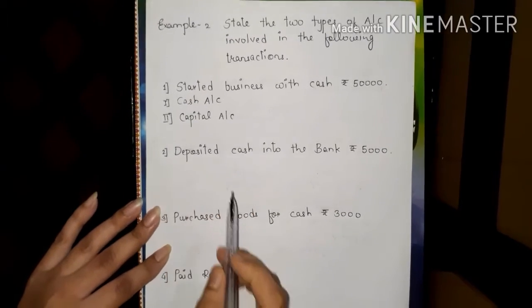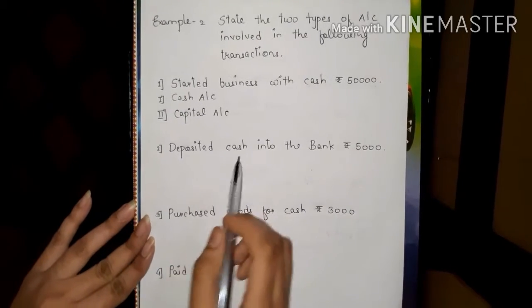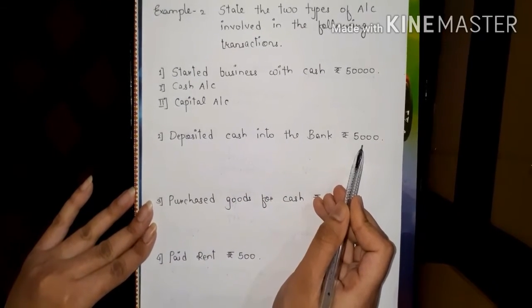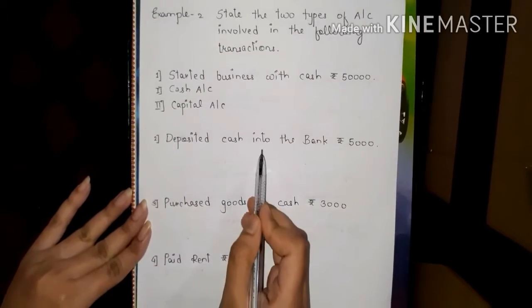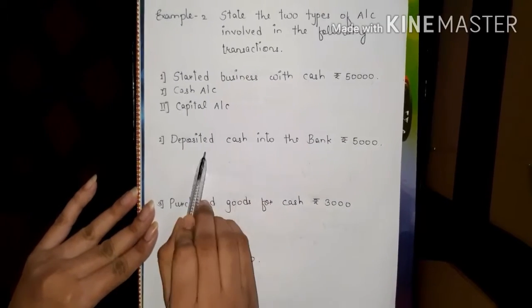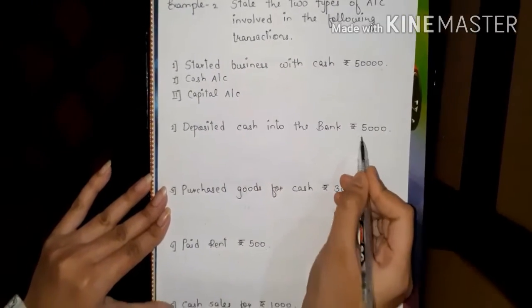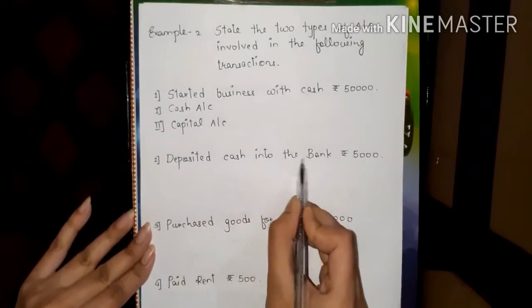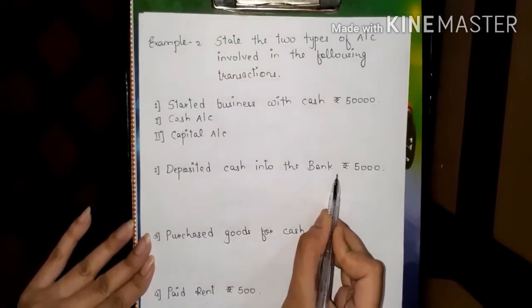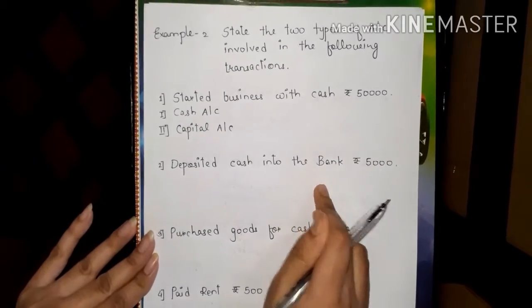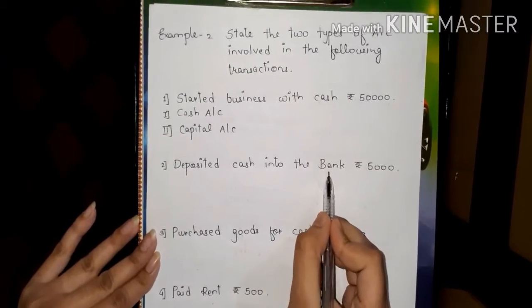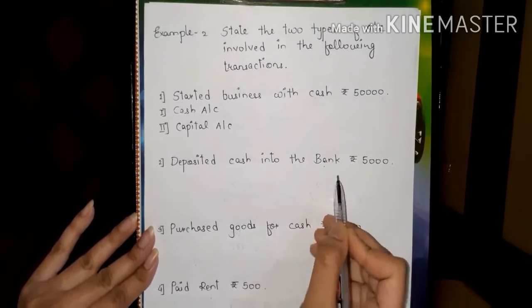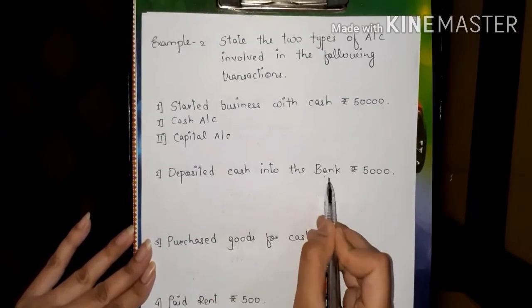Okay. Now next transaction. Deposited cash into the bank rupees 5,000. Now this is a new transaction. Need not worry, though it is new. Now we have deposited cash into the bank. Who is the receiver over here? Bank is the receiver, as the bank has received money from us because we have deposited cash into the bank.